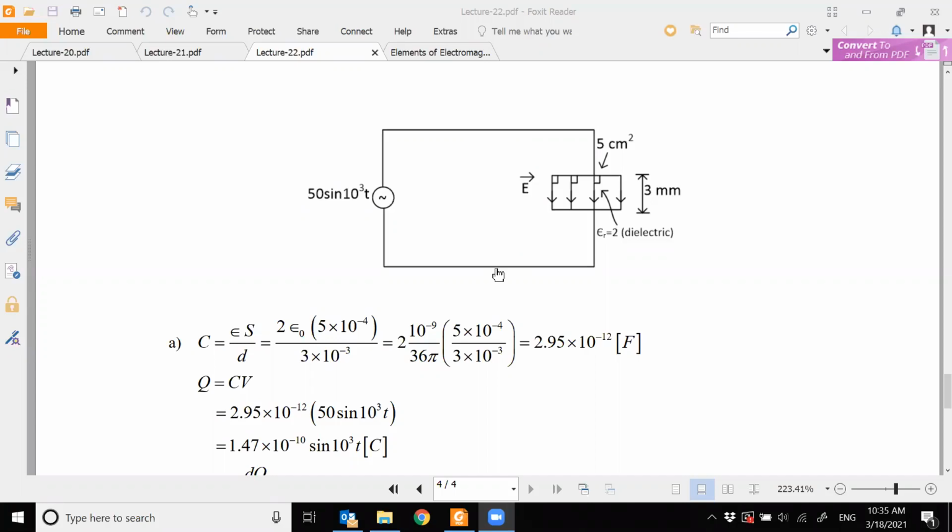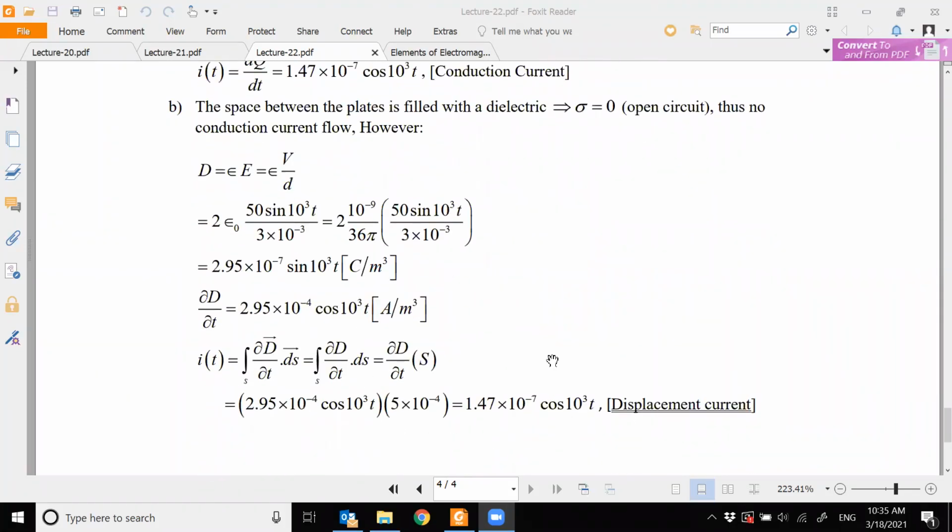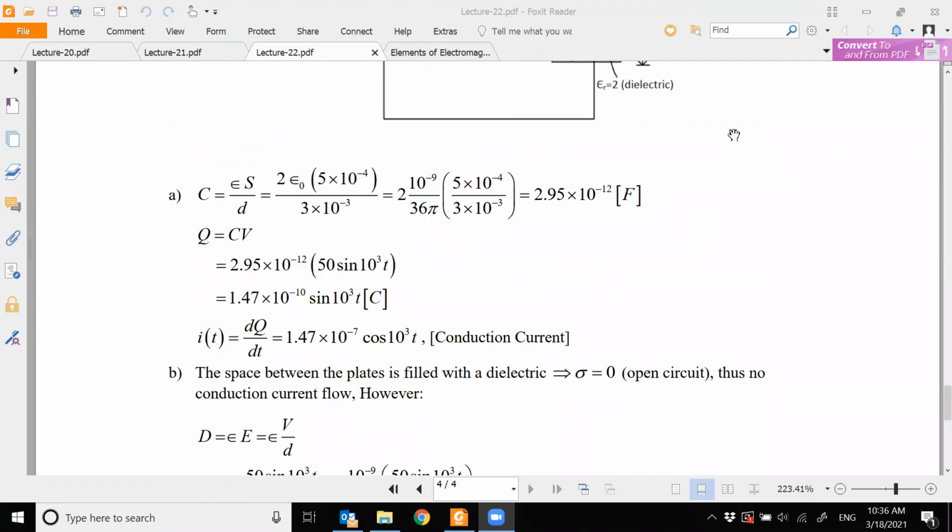That means it can measure only the conduction current. But from whatever we have studied, if we do the calculation, we find that the displacement current is this. And this is the answer to why we have a closed circuit when we have a capacitor connected to an AC voltage source. So this is the main contribution of Maxwell.